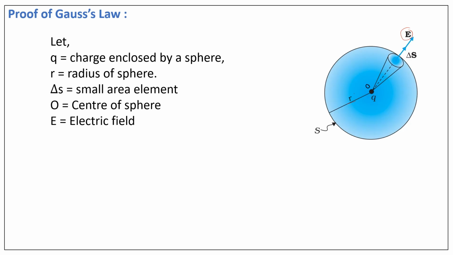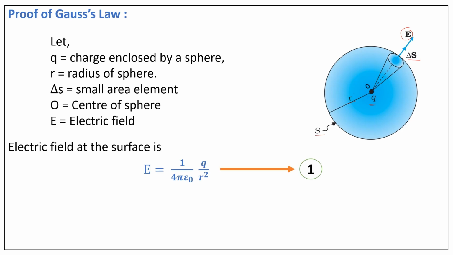Let delta S be the small area element on the surface of the sphere. S be the area of the sphere. Q be the charge enclosed by a sphere. Therefore, electric field at the surface is E is equal to 1 by 4 pi epsilon naught into Q by r square. Mark it as equation number 1.